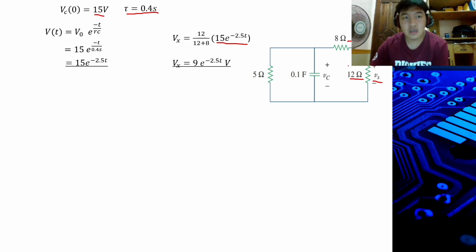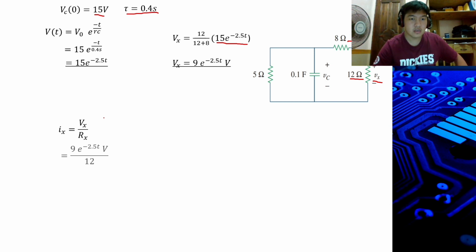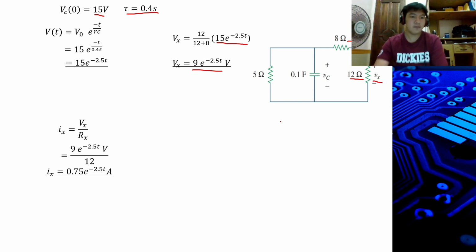And the last, we can find the Ix, which is just Ohm's law. You can substitute the Ohm's law like this, and substitute our Vx, which is this, and the resistance of 12 ohms. So we can get 0.75 E raised to negative 2.5 T amps.